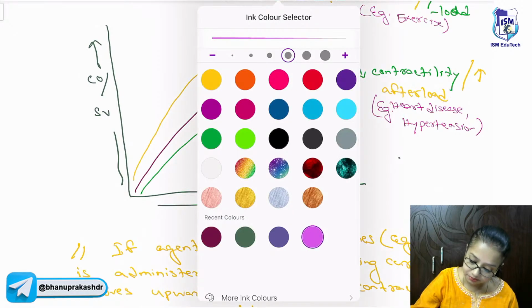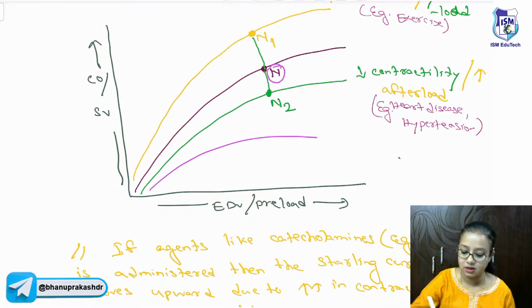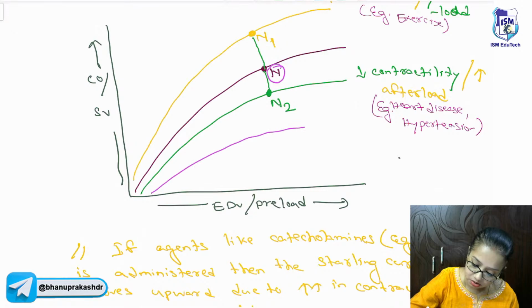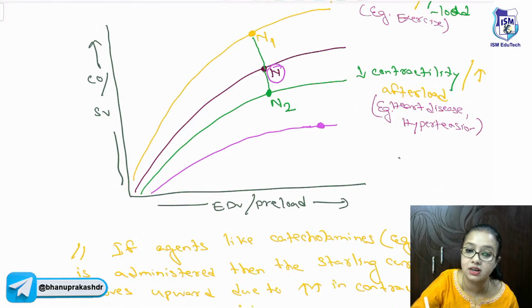In cardiac failure, this normal curve actually becomes much lower. Not only does it become much lower, the point also gets deviated. It goes much higher on the scale. So you see, if you draw the perpendicular line, it no longer aligns with N1 and N2, which are not clinical conditions.